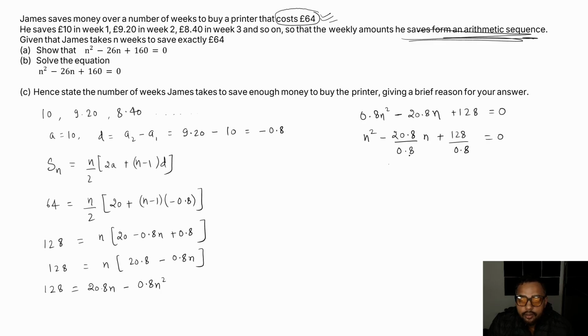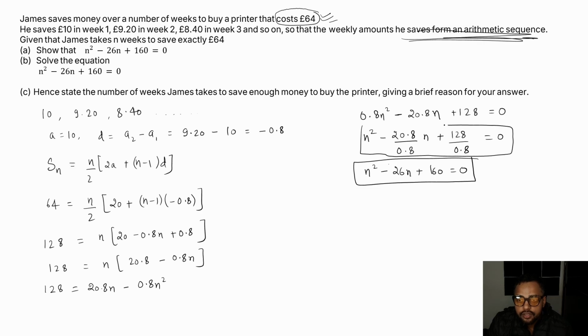Now if we calculate it further, we get n square minus 20.8 upon 0.8, so we get 26n plus 160 equals 0. Students, this you can calculate, and this is the value which they have asked for here.